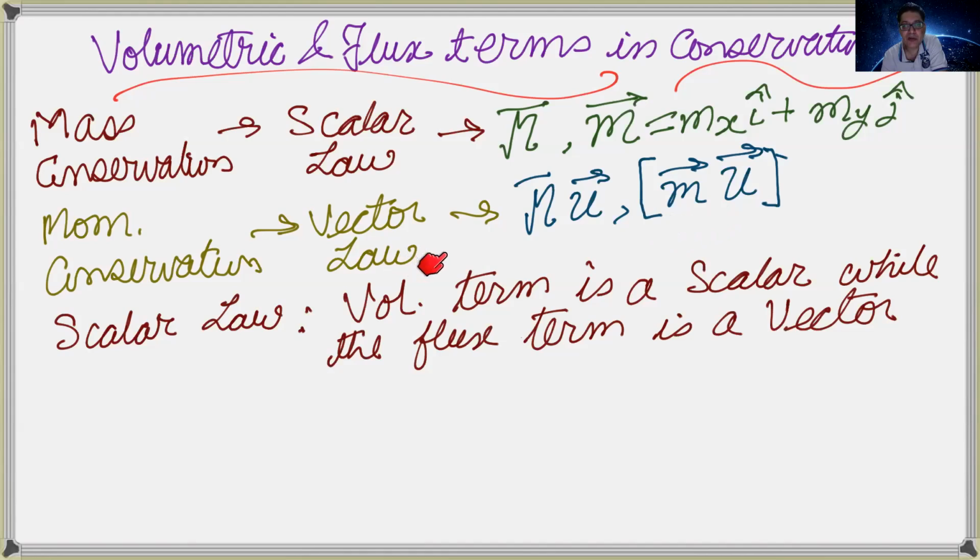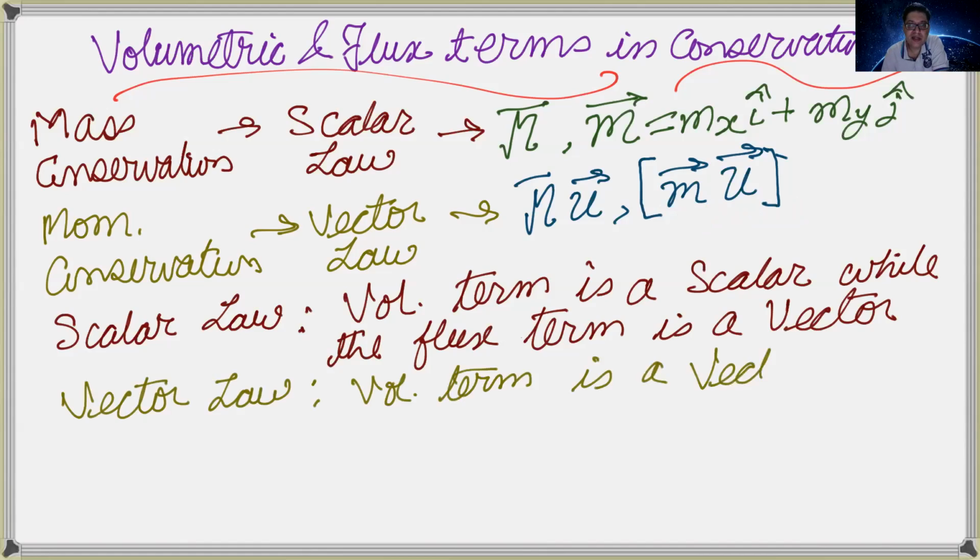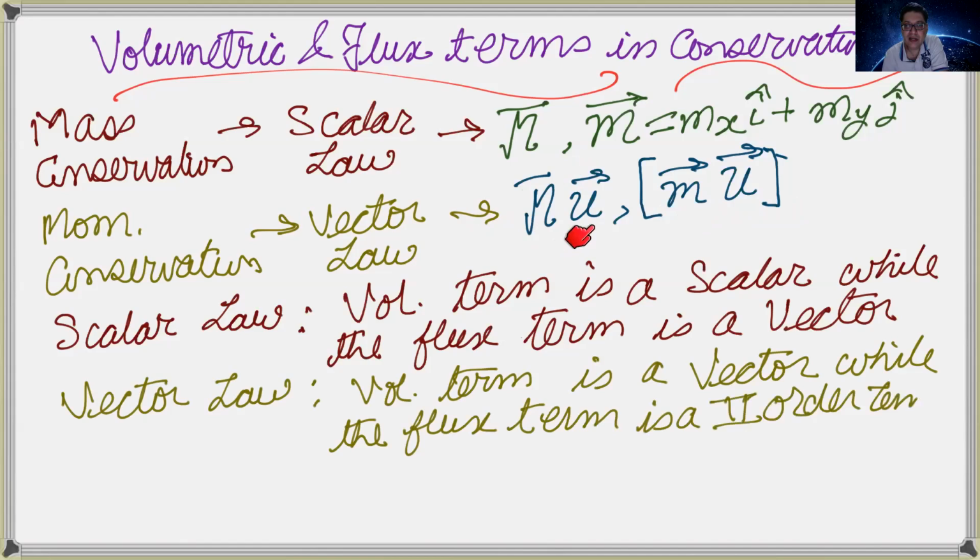To take an x component, you take a dot product with i, and it will reduce the second order tensor to a first order tensor, which is a vector. So as I said, in a vector law the volumetric term is a vector while the flux term, momentum flux, is a second order tensor.